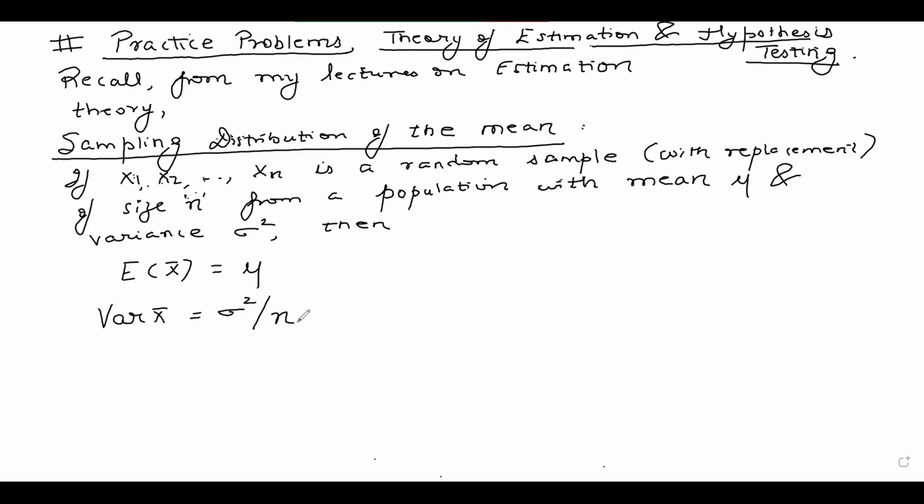This is when the sampling is done with replacement or if the population is very large, infinite population.